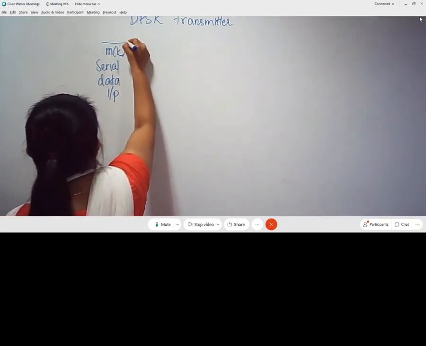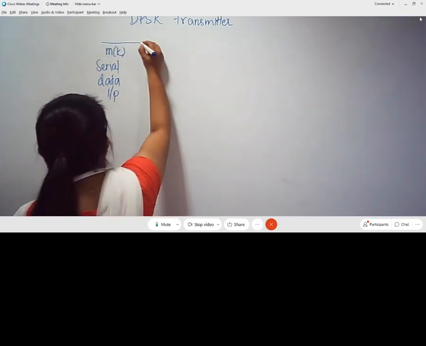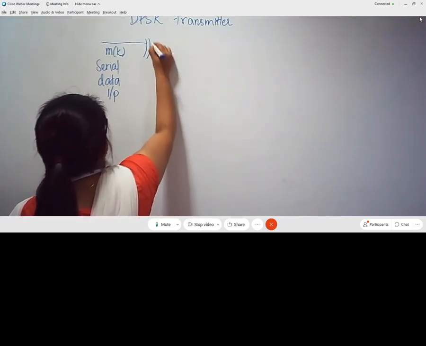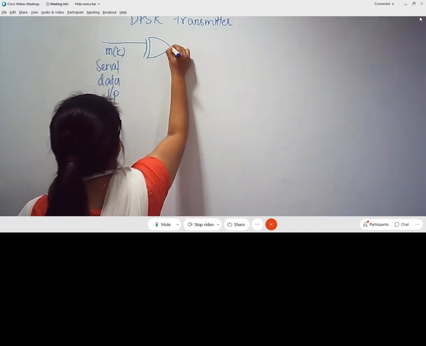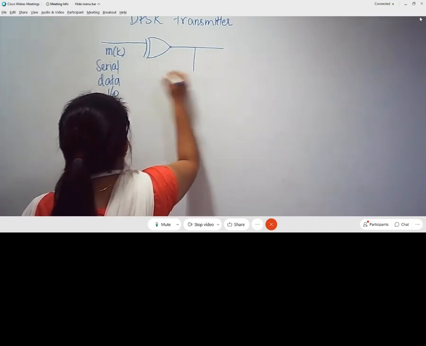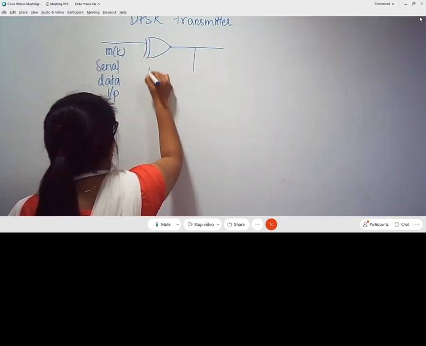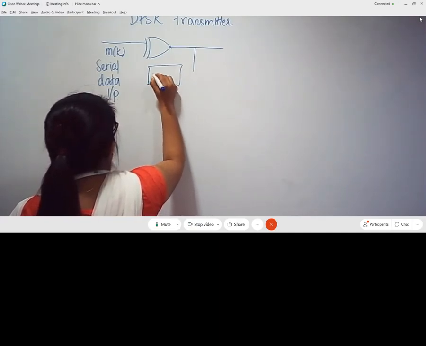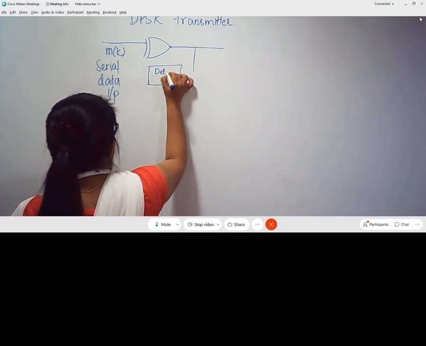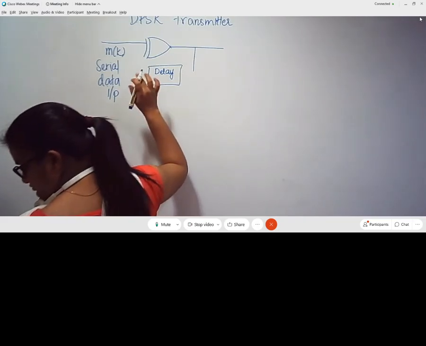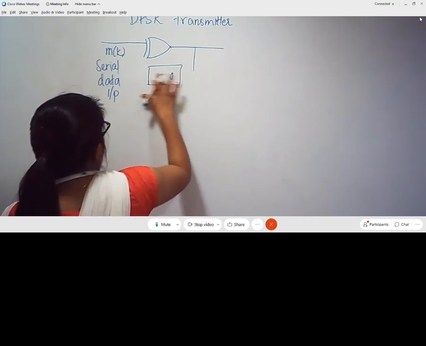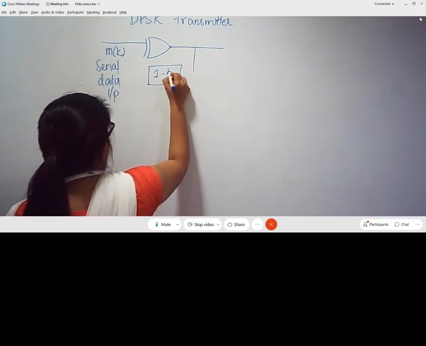So serial data input, I will pass this through a logical operator which is XOR operator. With what value? One of the input is Mk, the other one is the delayed version of it. So it is delay, 1 bit delay. So this will have 1 bit delay.